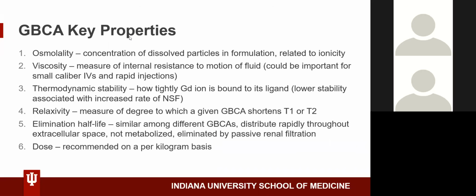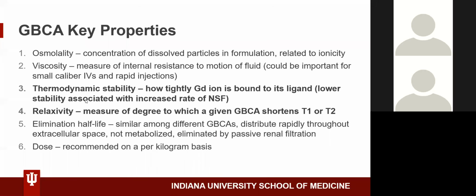So as far as GBCA key properties, I'm not going to go through all these definitions. Osmolality, viscosity, elimination, half-life, and dose. So this slide is just here for reference. But the two that I'm going to focus on, and we've already talked a little bit about, are thermodynamic stability, which is how tightly the GAD ion is bound to its ligand, where a lower stability is associated with increased rate of nephrogenic systemic fibrosis, and we'll talk more about that.